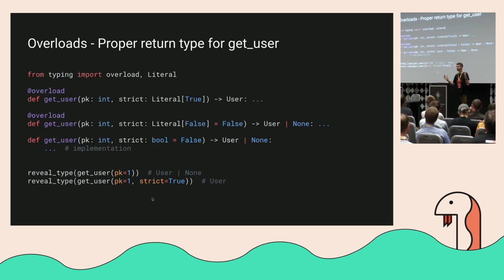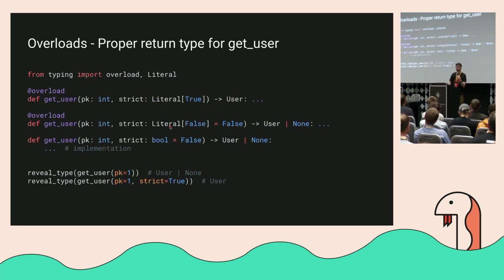So Literal means you are literally passing something that is inside Literal. There is no False type, there is bool. But if I pass bool, it catches everything. So the overload and the order actually matter. If someone calls get_user and passes strict equals Literal True, then this is the signature that I'm going to use.